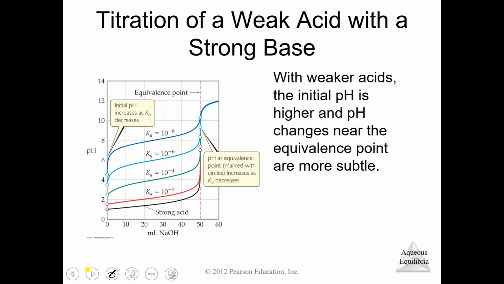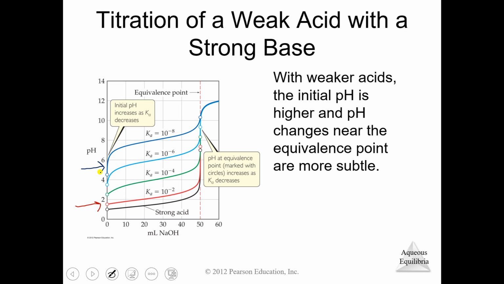So if you look at the initial pHs, the red line must be a much stronger weak acid than, say, for example, this weak acid here. Okay, remember, we have our weak acids, but there's still a range of weak acids. So at any point, we can calculate all these things and see really what's happening.